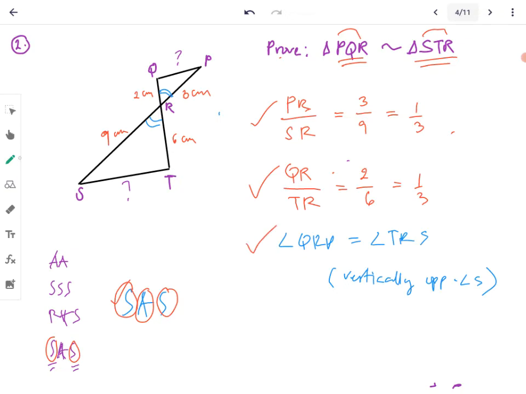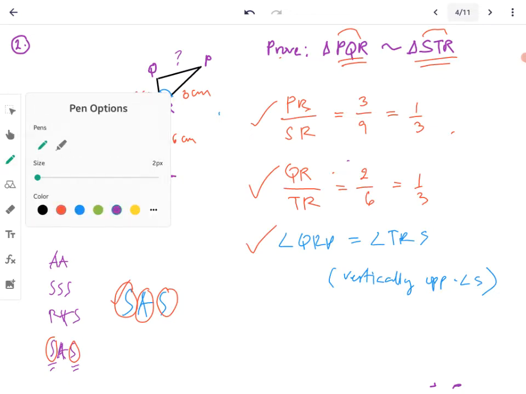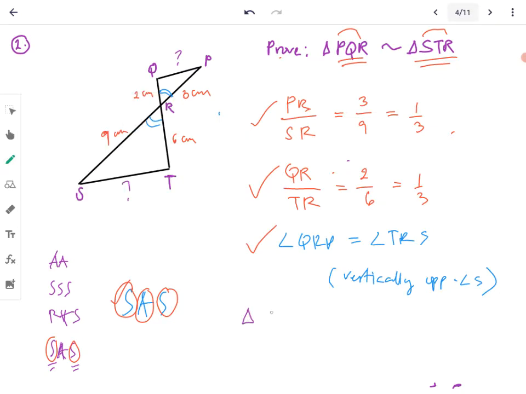So we can conclude now that triangle PQR is similar to triangle STR. That is by SAS similarity.